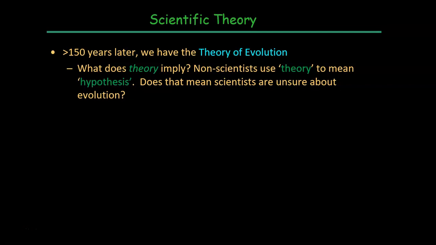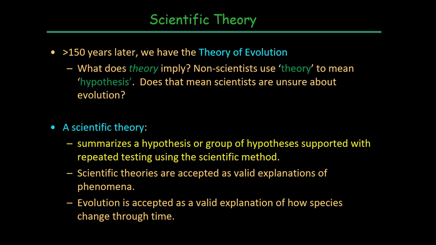Instead, a theory is something else in science. A theory summarizes a hypothesis or group of hypotheses that are, and here's the key part, supported with repeated testing using the scientific method. You've started exploring that scientific method in lab this third week of labs. And so you know better now what that's all about. Scientific theories are accepted as valid explanations of how the world works. They, however, can be dethroned.